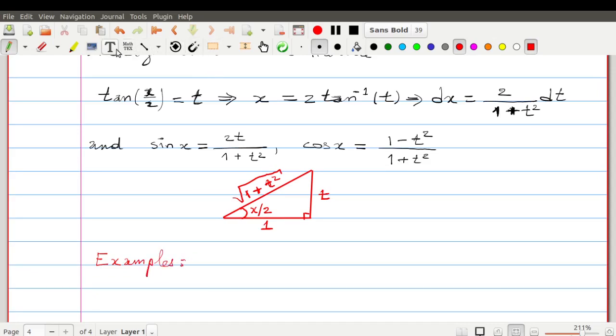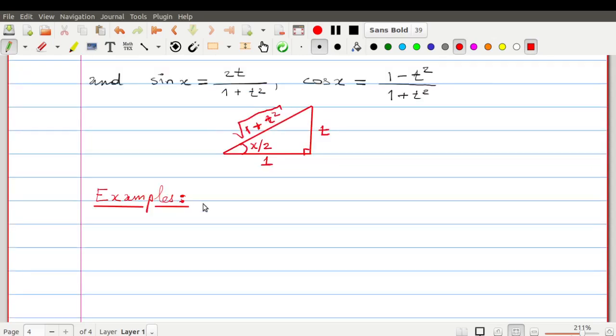So the first one. Okay, first example, that's 1.